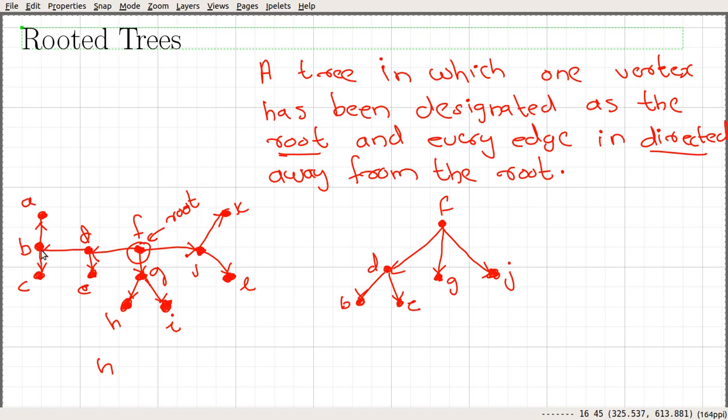Okay, from D, and from B we have these two, A and C, and here the direction is in this way. Okay, and E doesn't have any directed adjacent ones, right?